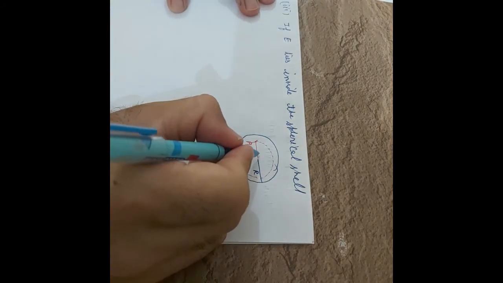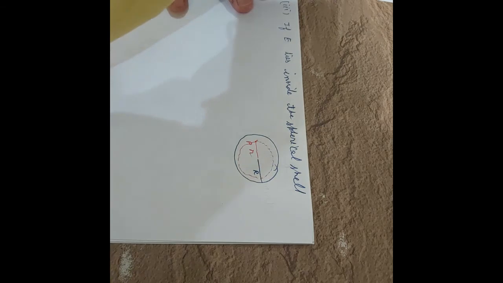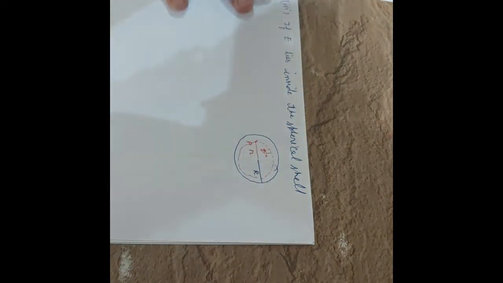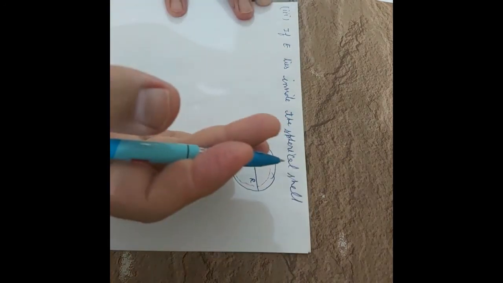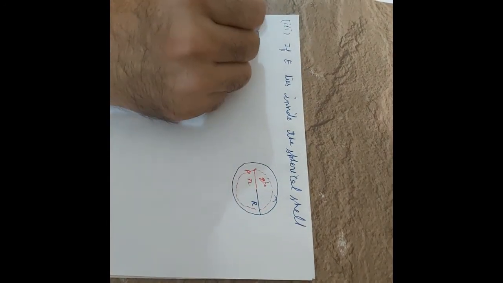So what is the charge inside the Gaussian surface? Charge is 0. Why is the charge 0 here? The reason is because it is hollow from inside. Charge cannot exist without matter.